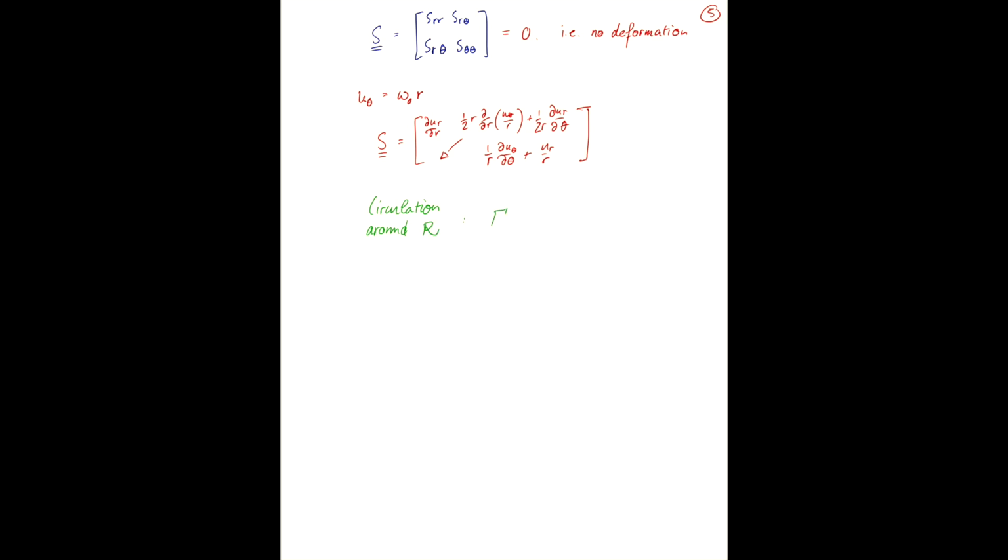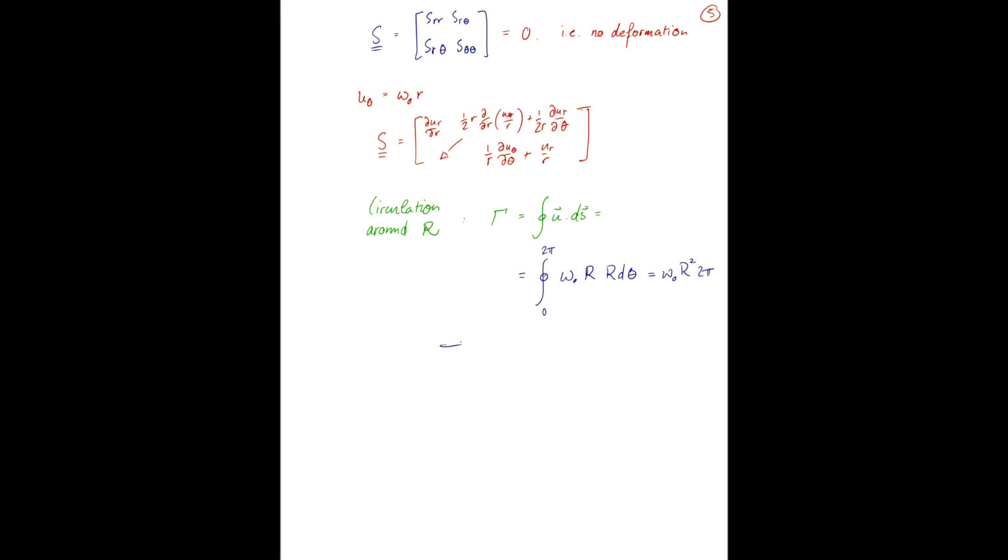In that case, gamma, as we know, is the line integral of u dot ds, and for the streamline of radius r, u at r is omega 0 r, and then ds will be r d theta, and we will go from 0 to 2 pi, so that is simply omega 0 r squared 2 pi.